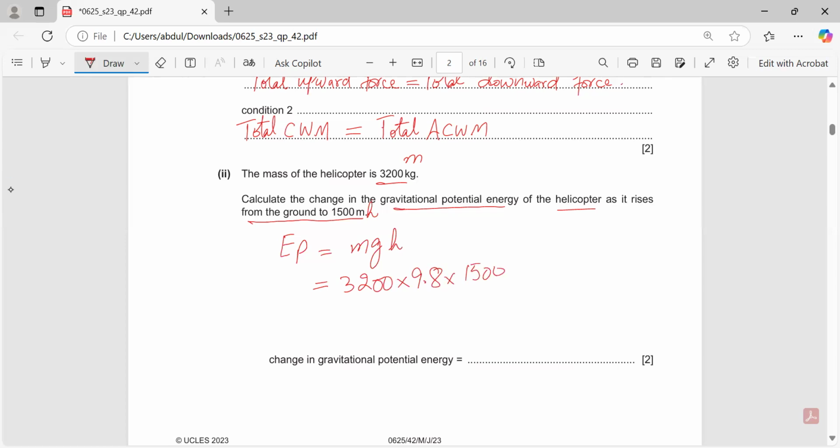1500. So as we are calculating it, it is 3200 times 9.8 times 1500, which is 47040000.